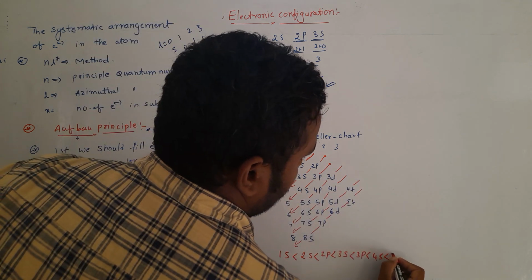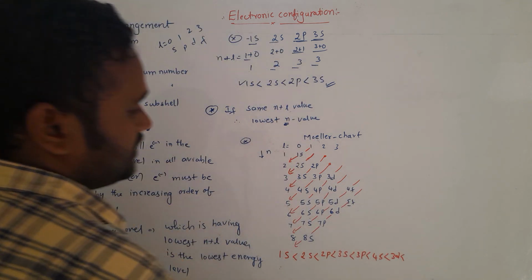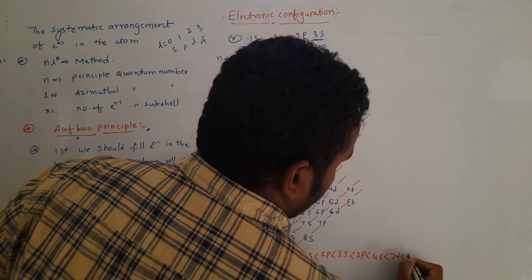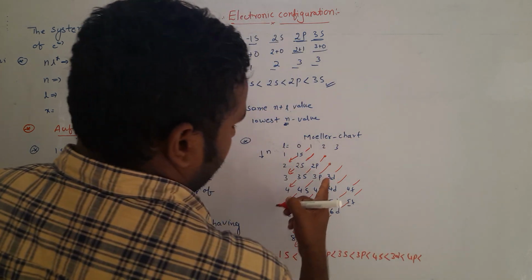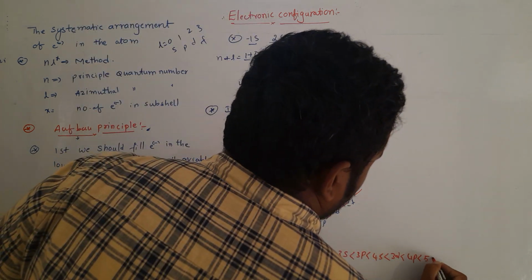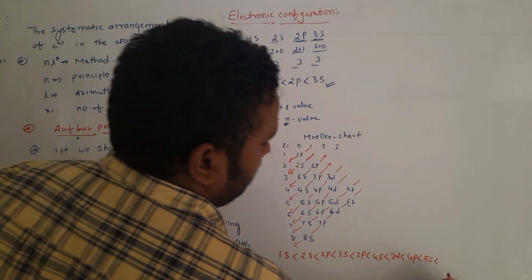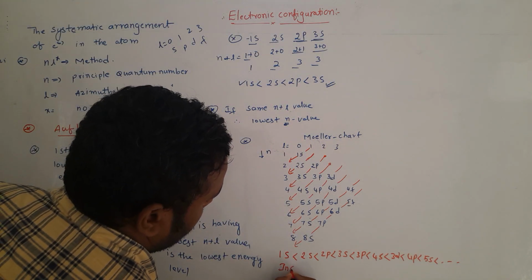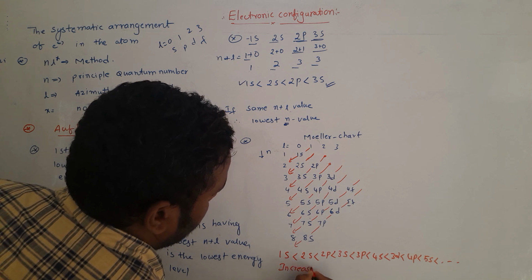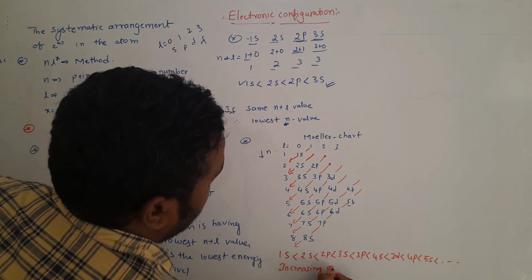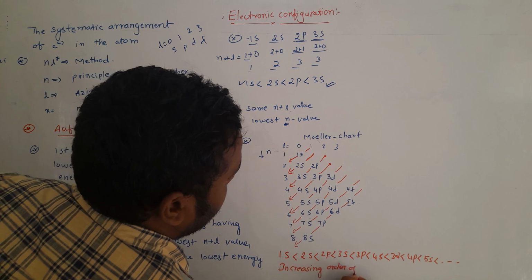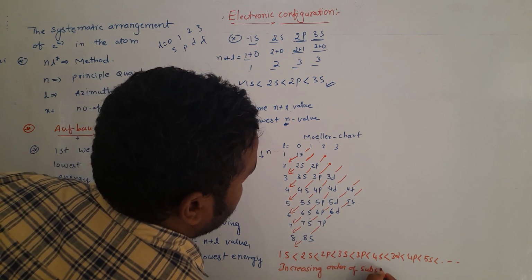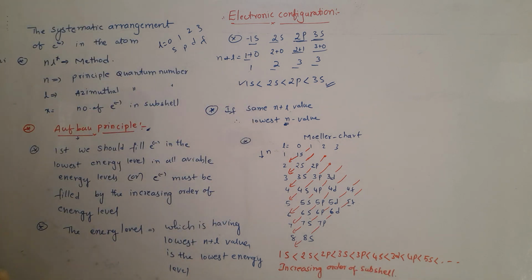Next come to 3d is less than 3d, then 4p, then 5s. Likewise, and so on. This is the increasing order of subshells. So in this order only we need to fill the electrons.